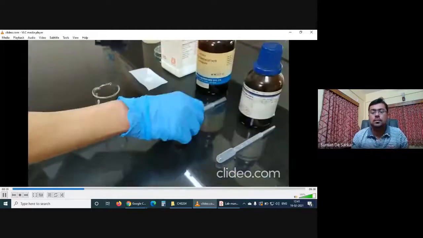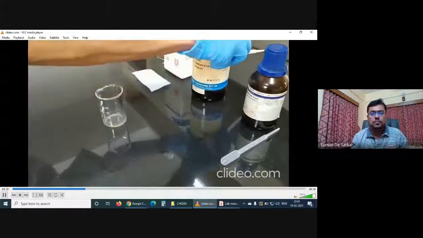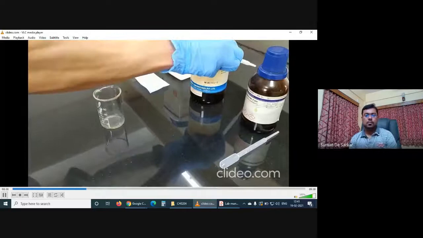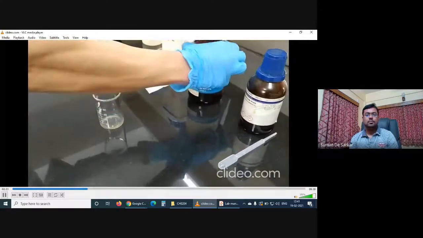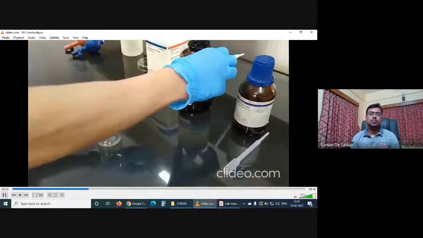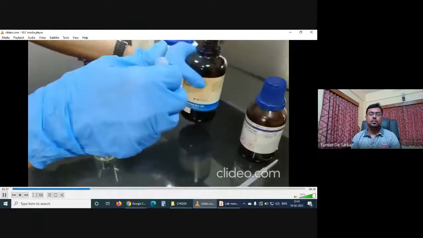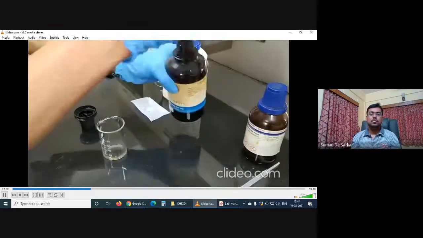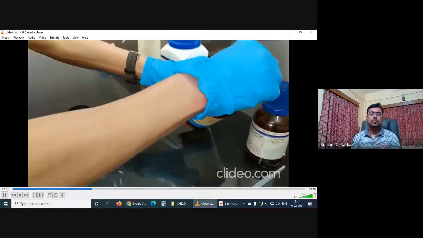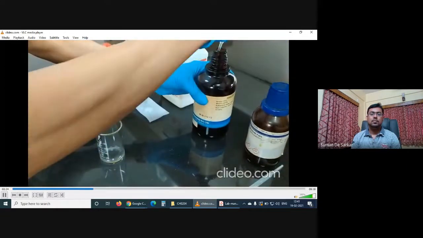Now we will add 1.3 gram ethyl cyanoacetate. Ethyl cyanoacetate is also a liquid, so from the density we have calculated the amount, and it is roughly 1.2 ml.